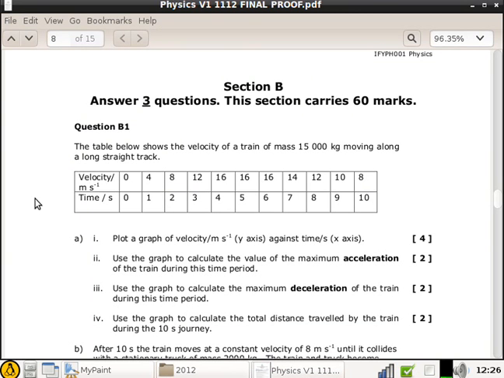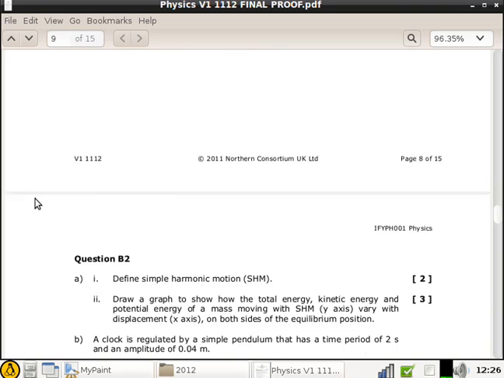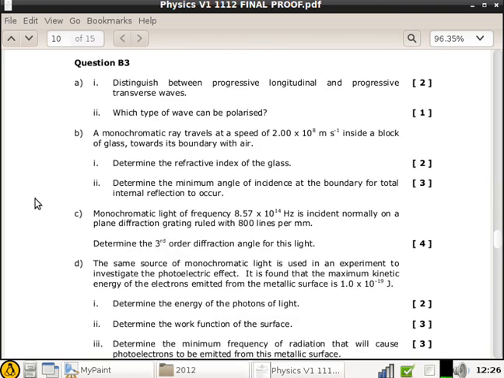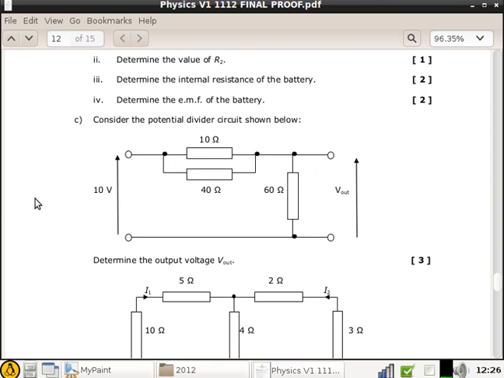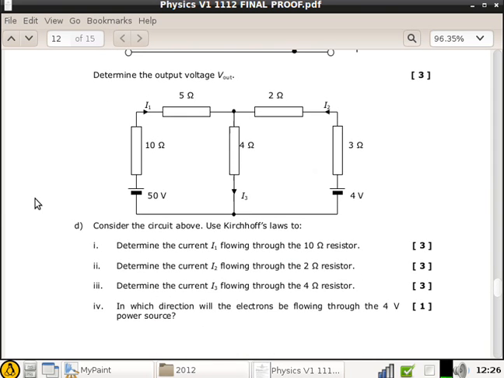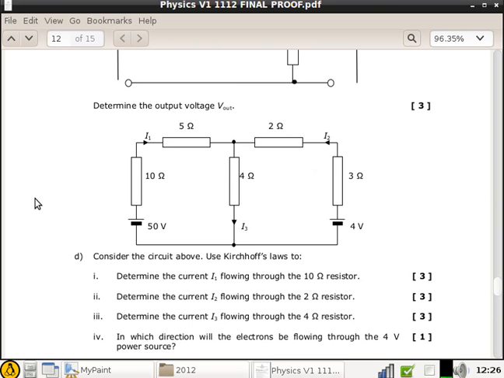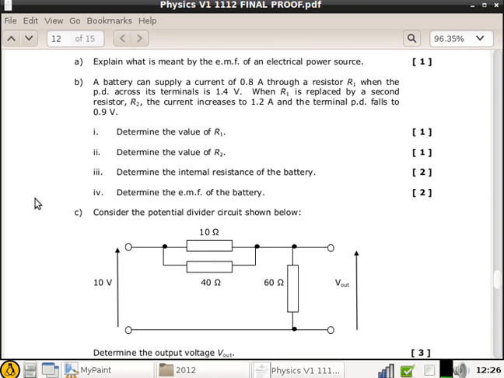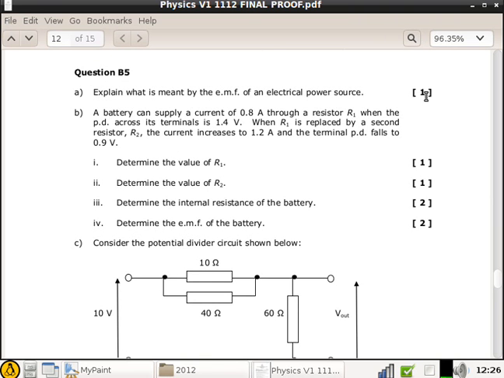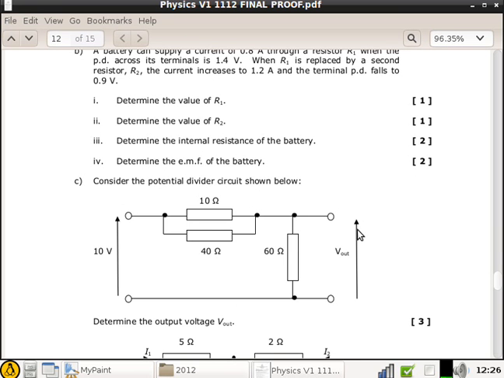So you can see it came up in 2013, and there you go. What's the one on top? It's also Kirchhoff. So part 1 mark, the EMF. Now part 2 is Kirchhoff.